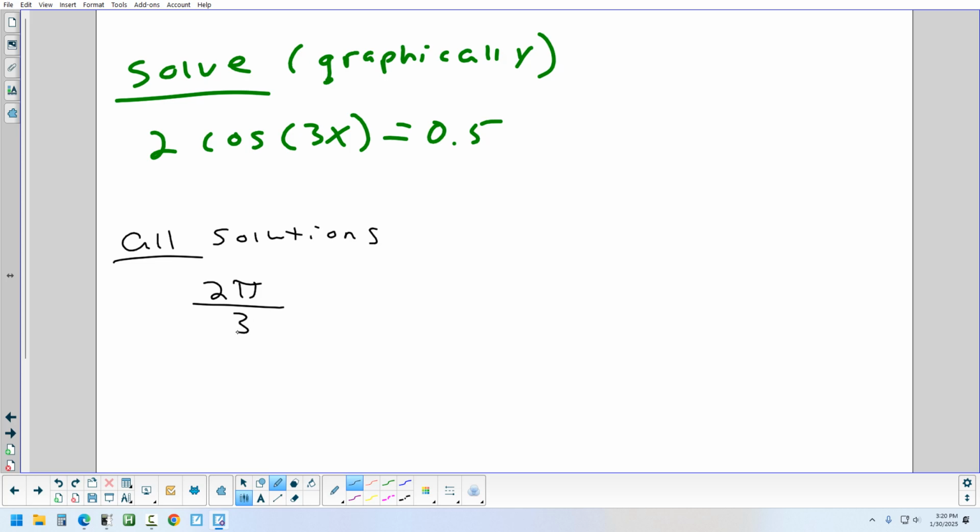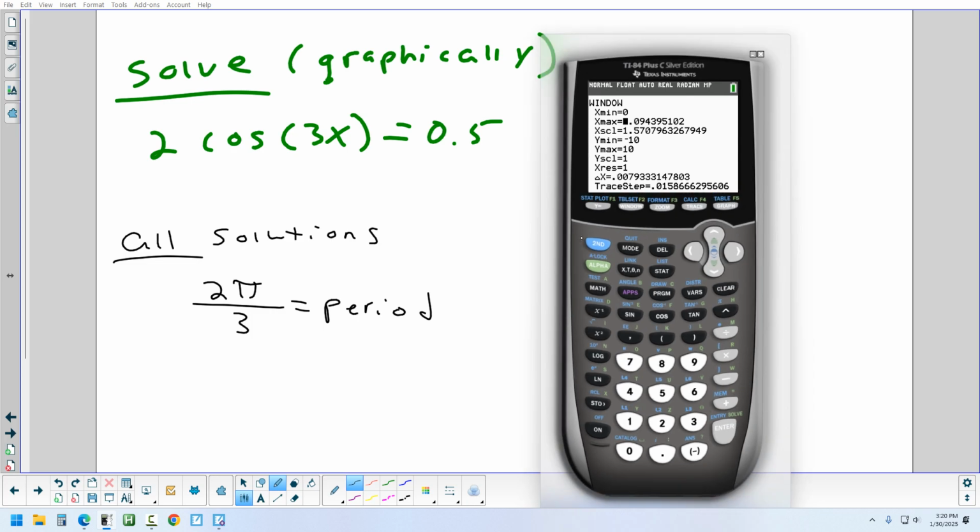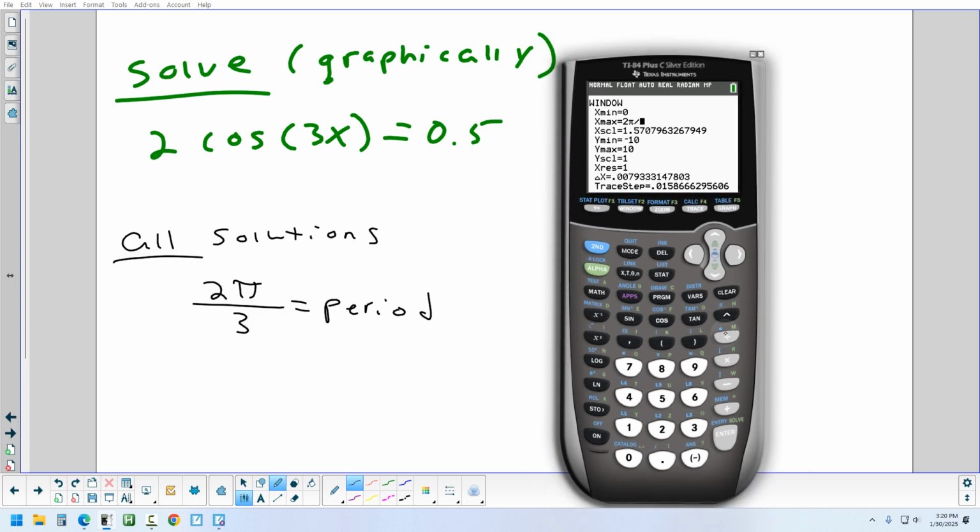So that is the period. It's not the answer to the question, but it's part of what we need. So now set your window so that it's 2 pi over 3 units wide. The way I usually do it is I go from 0 to the number that I need. So just type in 2 pi over 3.